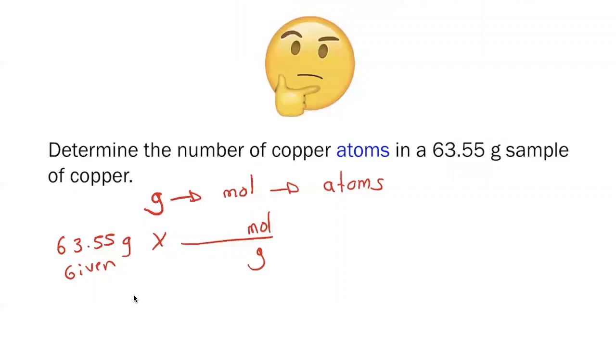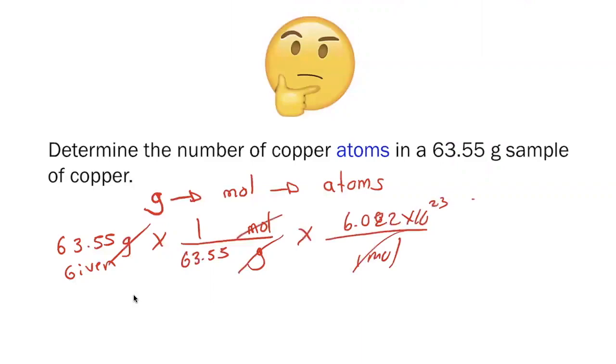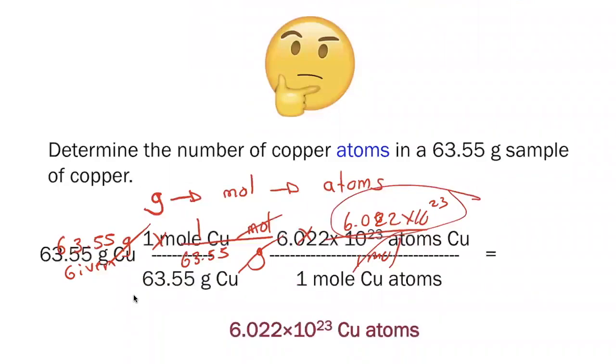The molar mass is 63.55 grams in 1 mole. Notice that your grams cancel. Now you want to get rid of moles. How do you go from moles to atoms? Avogadro's number, 6.022 times 10 to the 23, 1 mole. Your units cancel. Your answer is going to be 6.022 times 10 to the 23 power.